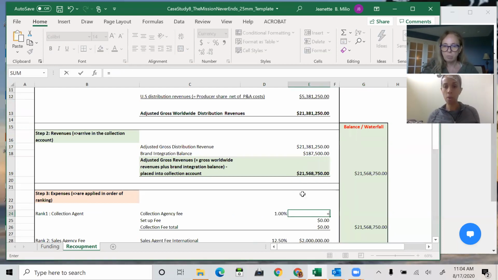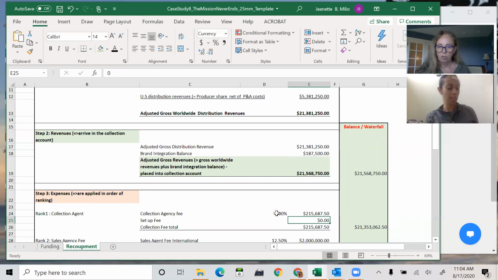Yes, 1% of whatever got into the bucket. 215,687.50. Correct.